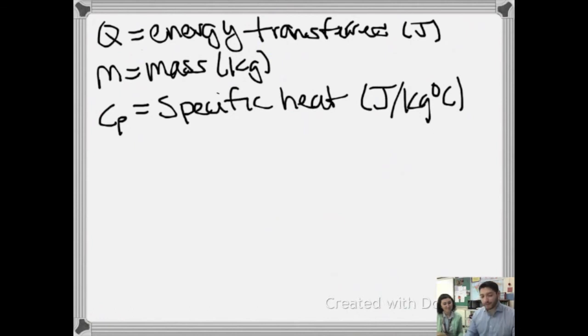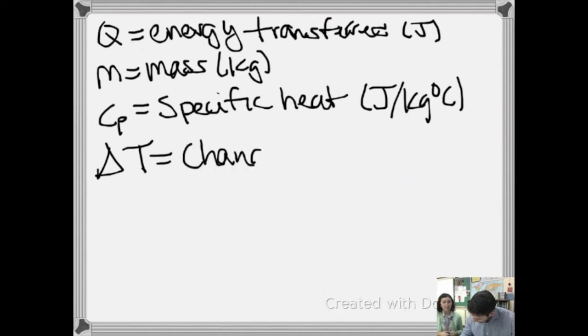And then finally, we're going to measure the change in temperature, which is just delta T. It's going to be uppercase T, because that is temperature and not time. Our variables overlap a little bit. So how do we find the change in temperature? We take our final temperature minus our initial temperature. That's how we measure change in anything, right?